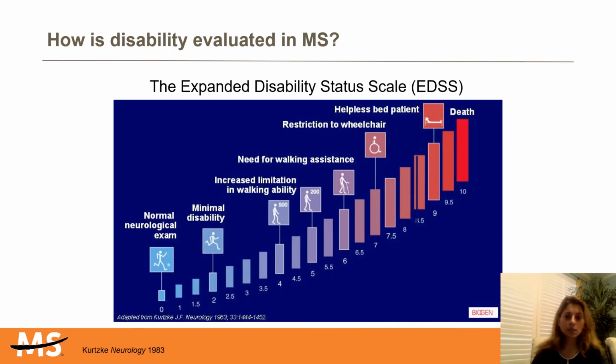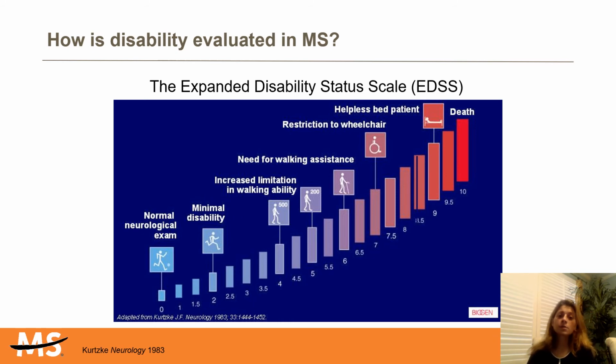So disability in clinical trials is measured by a scale called the EDSS scale, which ranges from 0 to 10, where patients who score 0 have a normal neurological examination, and the higher scores on the scale indicate more disability progression.